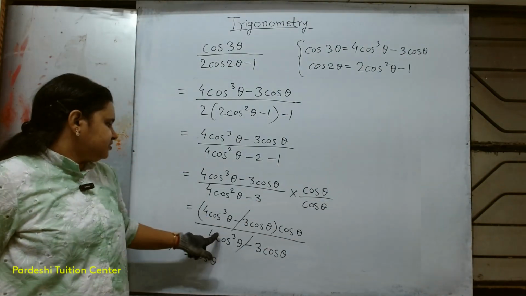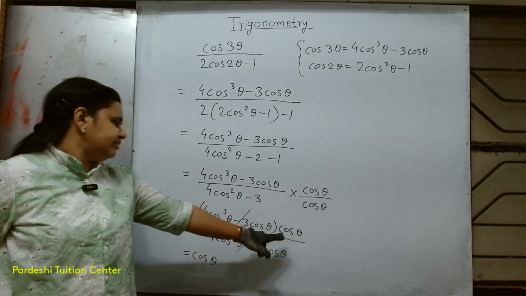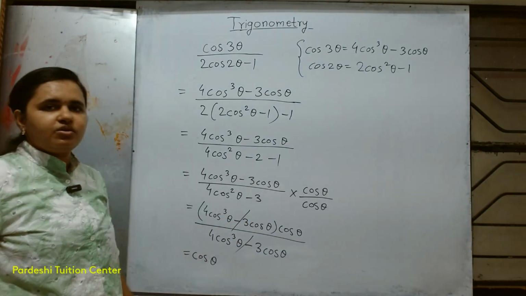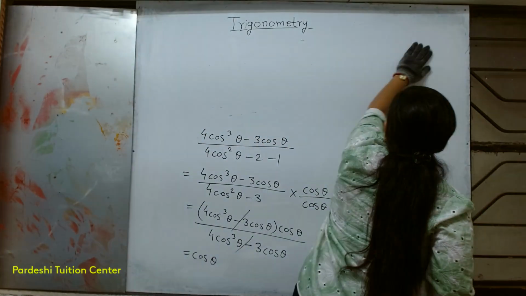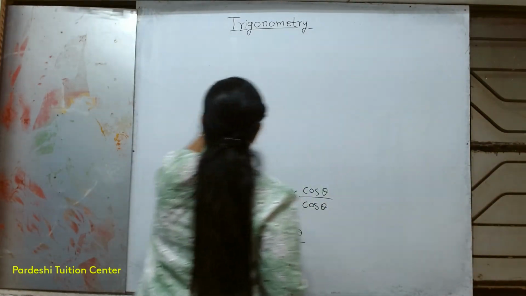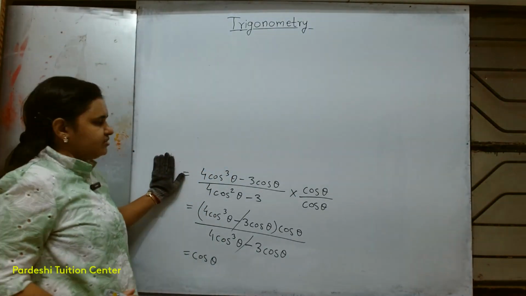Again these are same, so this divided by this will be 1, and what is remaining? Only cos theta. So our answer is first option, that is cos theta.